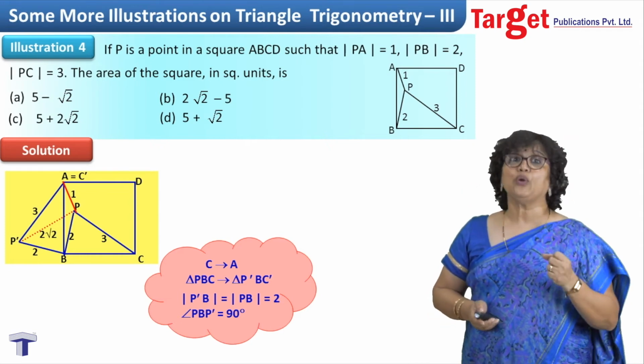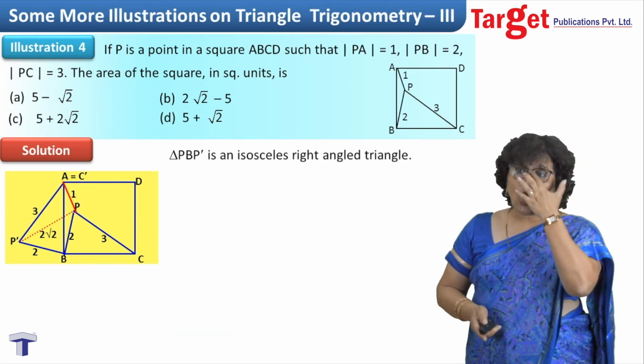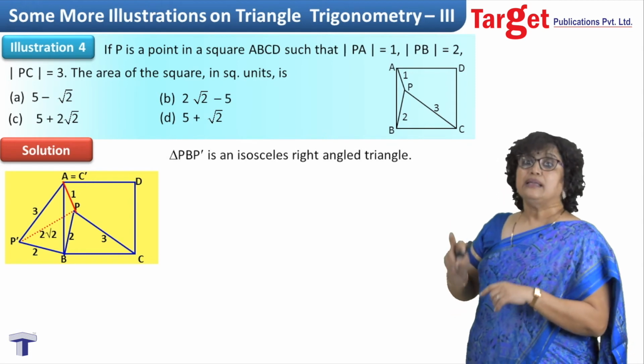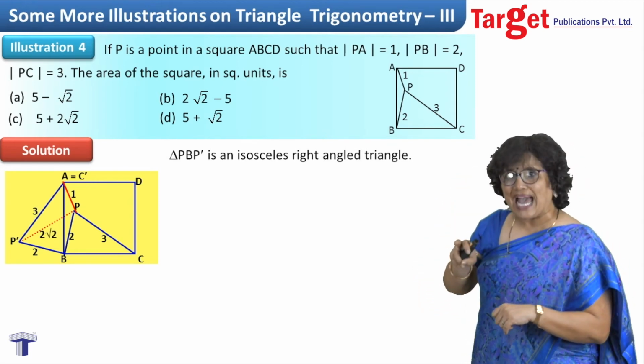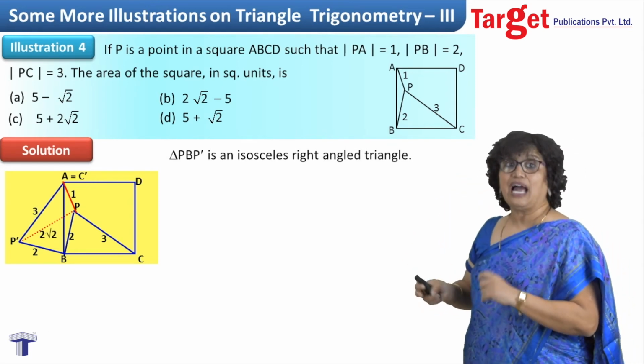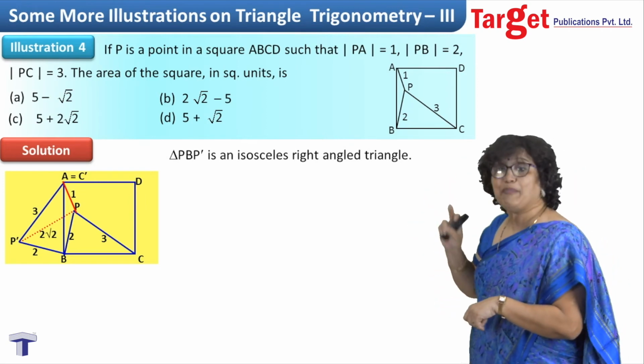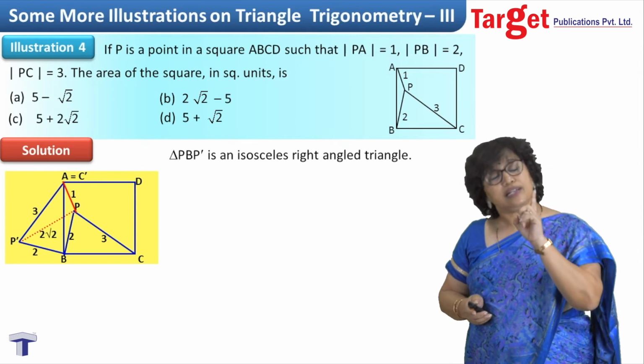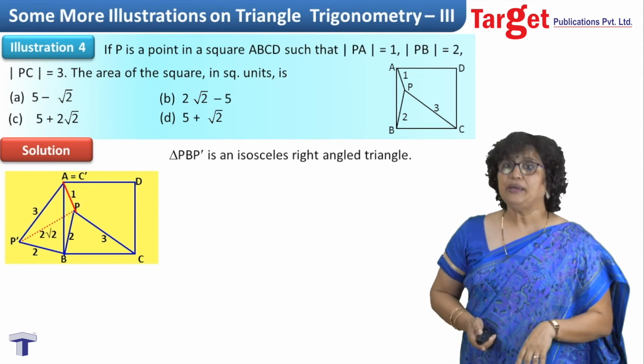Now from here what you realize is that since PB is rotated by 90 degrees, PBP dash is a right angle, and also since PB and P dash B are equal, it is isosceles also. So it is an isosceles right angle triangle. Fine.